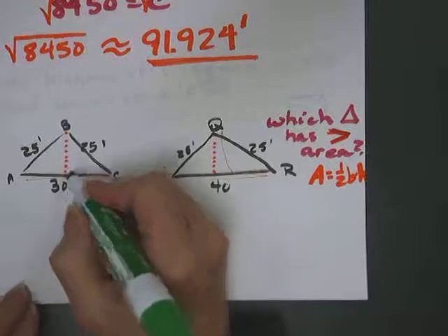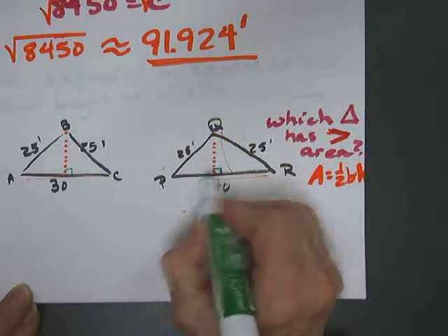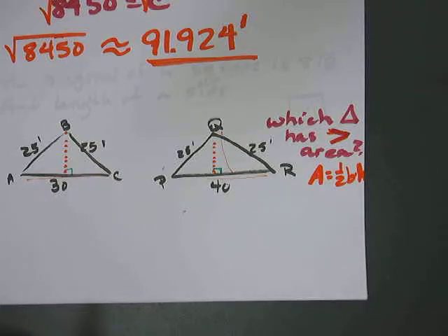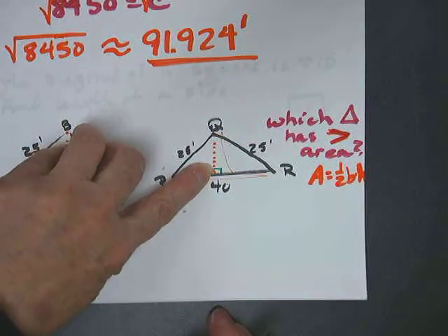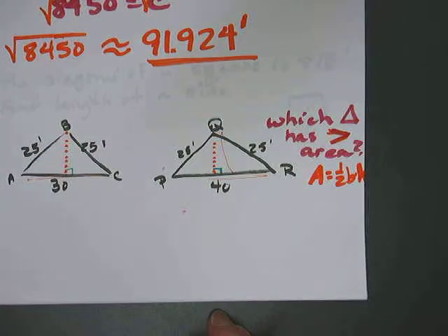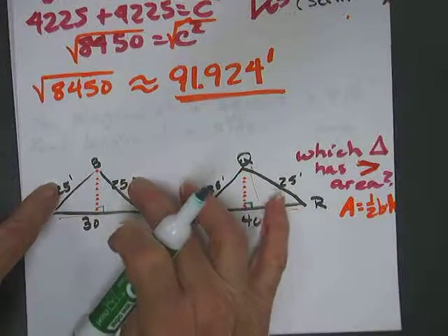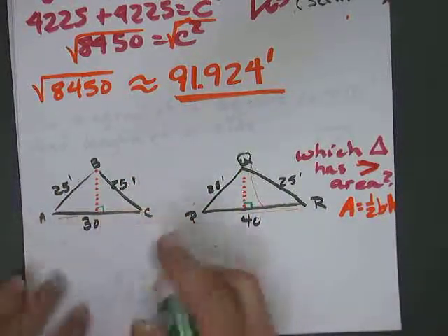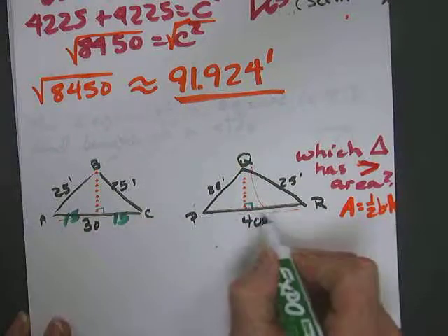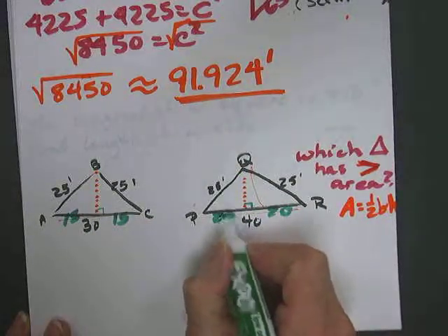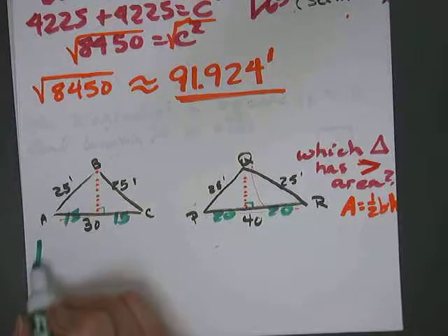Do you see a right triangle yet? Anywhere? The height is a right triangle, isn't it? The height should be at a right angle to the base. So we have A, B, and C. Since these are exact, it should be half of this, so this would be 15 and 15.